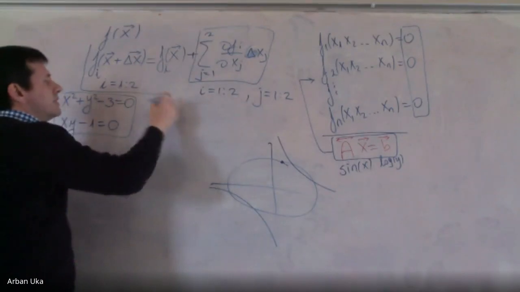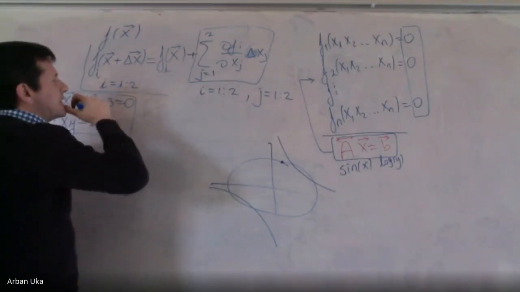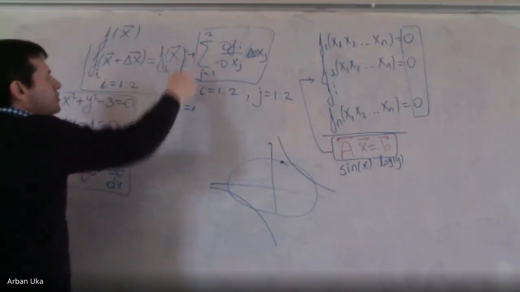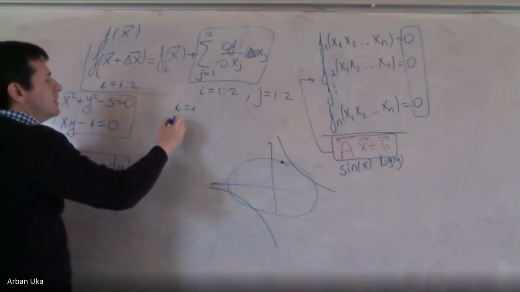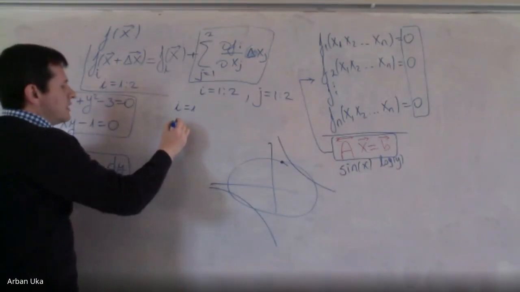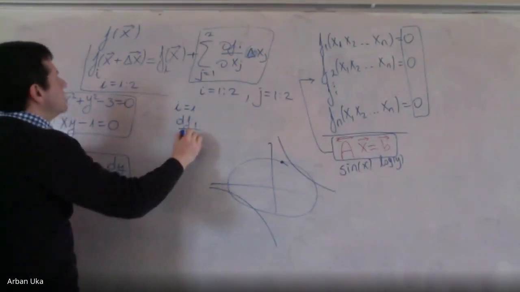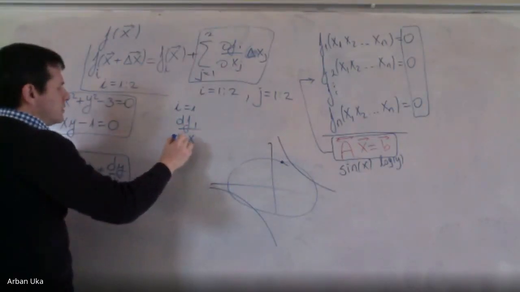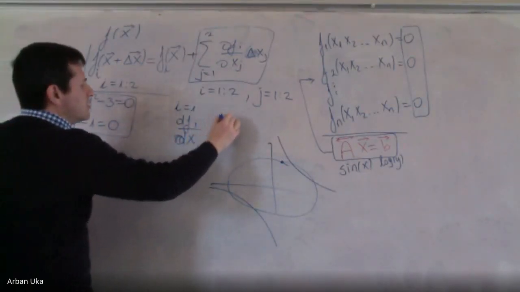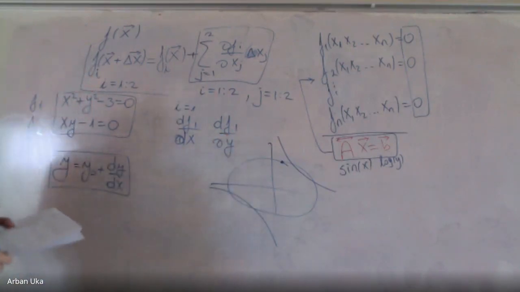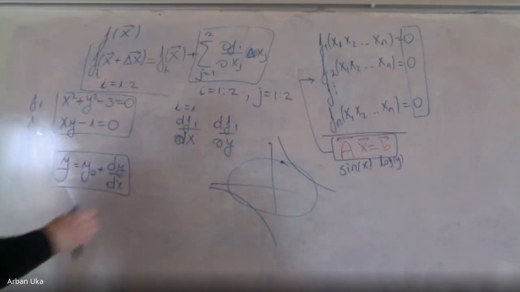We'll have, so let's set i equal to 1, and j is going to change over the 2. So here, in this matrix, we will have the derivative of f1 with respect to x, okay? And then we'll have the derivative of f1 with respect to y, okay? So this is how we're going to construct the first part.